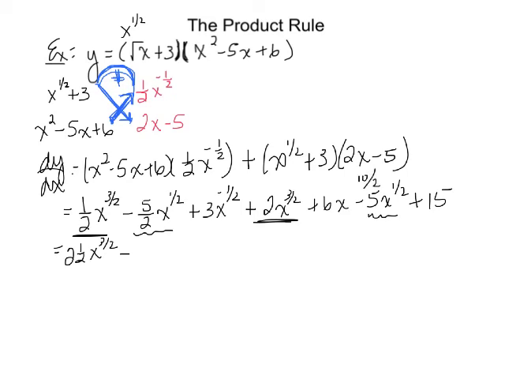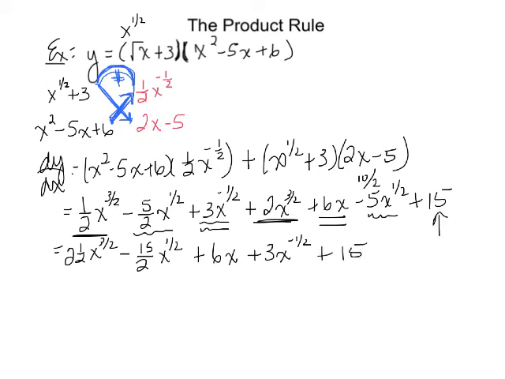So minus 5 halves minus 10 halves is minus 15 halves, x to the 1/2. Let's see, any other terms that have a positive exponent on the x? That would be 6x, and there's only one term, plus 6x. And then I have x to the negative 1/2, so that's plus 3x to the negative 1/2, and then finally my constant term, plus 15.